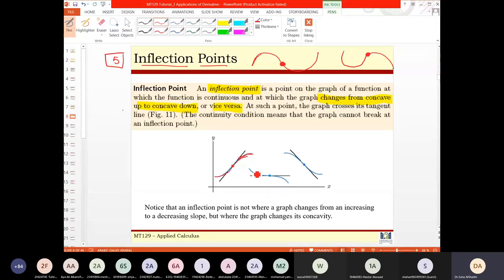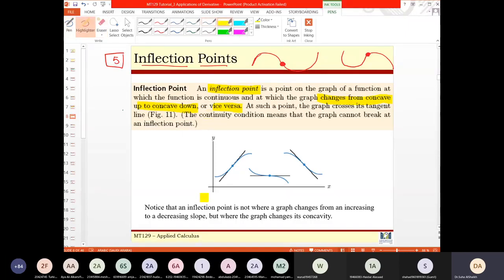Here it is concave up, right? And after the point it became concave down. The tangent line is going through it. Here it is down and it changed to be concave up. So all of these are examples of functions where we have an inflection point.